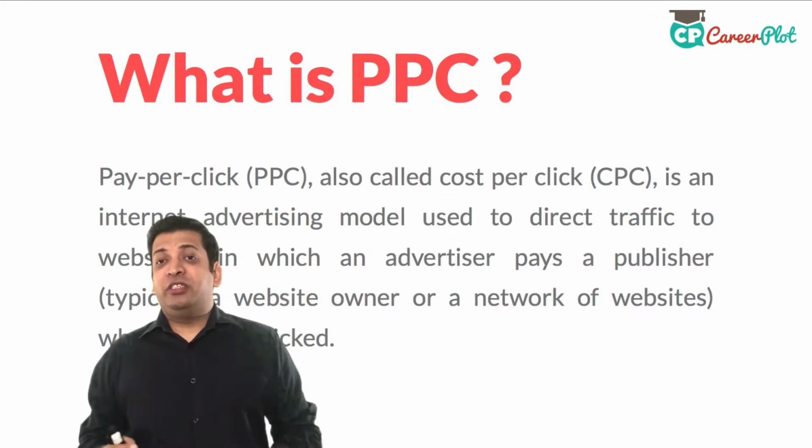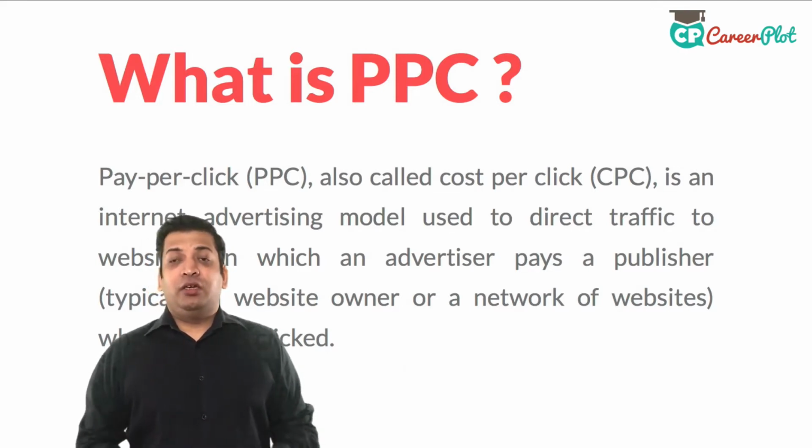There is also a term called CPM, which is known as cost per mille, which counts the impressions. Impressions means the number of views which have been published on the search engines or on the websites by the search engine networks. Impressions are not paid that highly because people are not clicking.